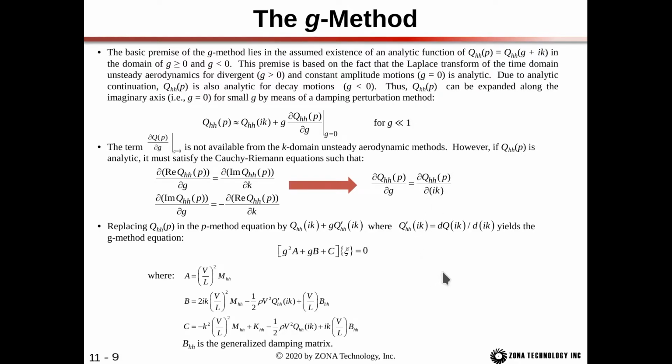So now replacing QHH of p in the P method equation by QHH of ik plus g times q prime of ik, where q prime is the derivative of q of ik with respect to ik, yields the G method equation: g squared times A plus g times B plus C times phi equals 0, where A, B, and C terms are given here, and BHH is the generalized damping matrix. So you can see our q prime quantity here.